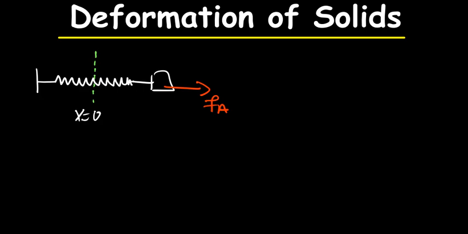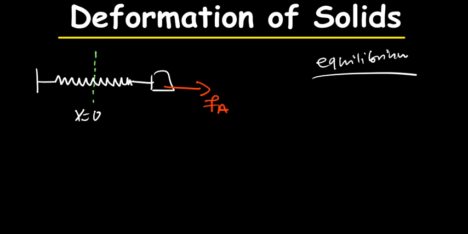So now, when you stretch the spring and then you leave it, it will definitely want to go back to its original position. Its original position is what we call the equilibrium position. When you stretch the spring and release it, the spring will always want to go back to its original position, that is the equilibrium position.